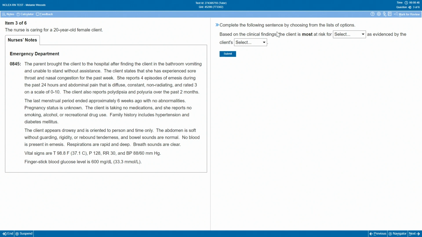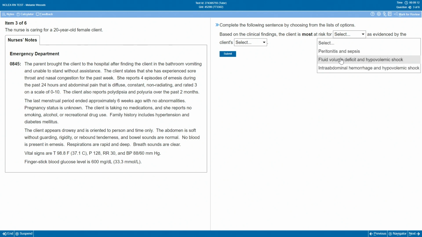Based on the client's findings, the client is most at risk for, and then we can drop down and see some options here. We know what they're experiencing. They have DKA, but where can it go from here? Our options are peritonitis and sepsis. That seems reasonable if you're having some sort of stomach condition. Fluid volume deficit and hypovolemic shock.